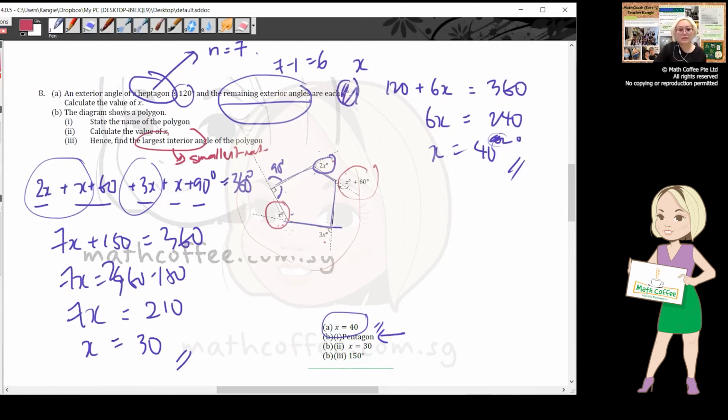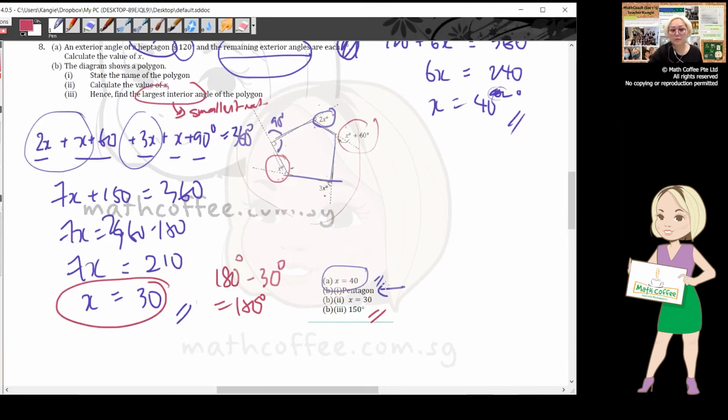So x being smaller means this is the smallest exterior angle. So to find the largest interior angle, we just take 180 degrees minus 30. So we get 150 degrees. Answer.